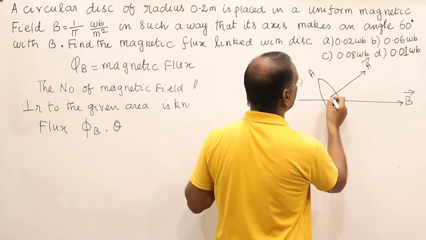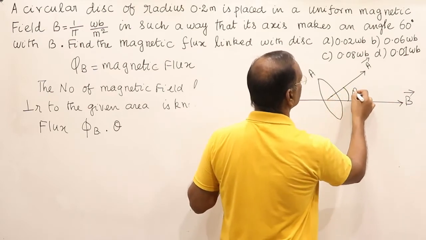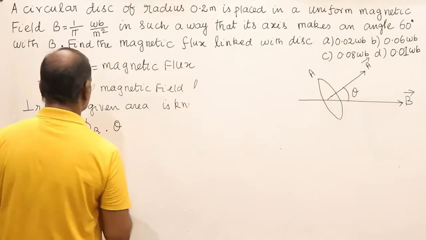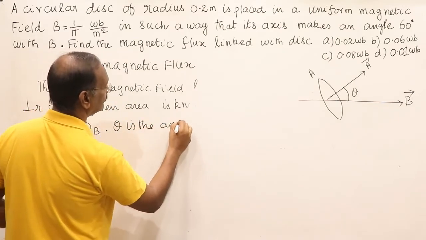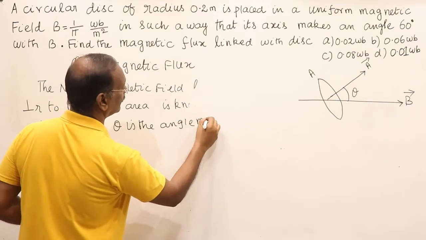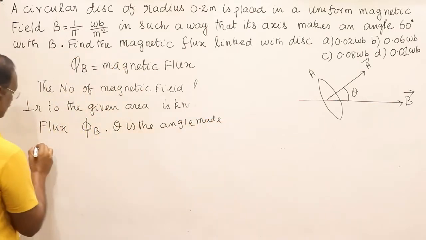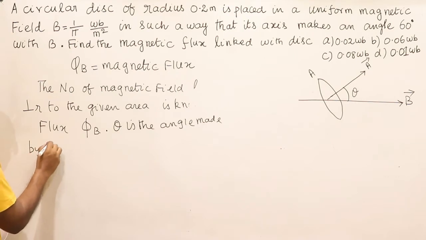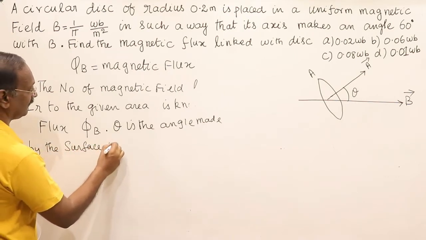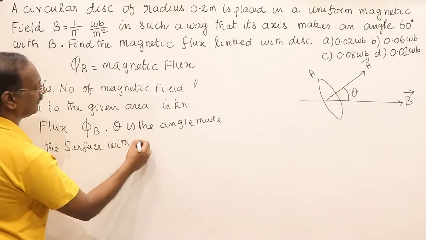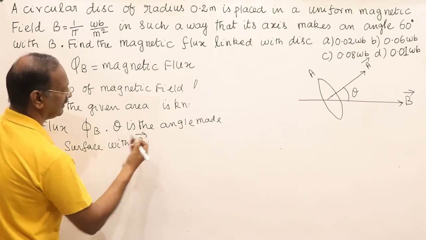Let theta be the angle made by the surface with the magnetic field.